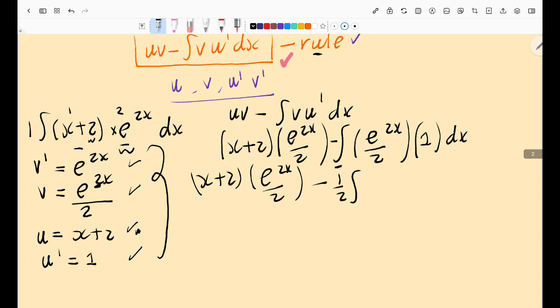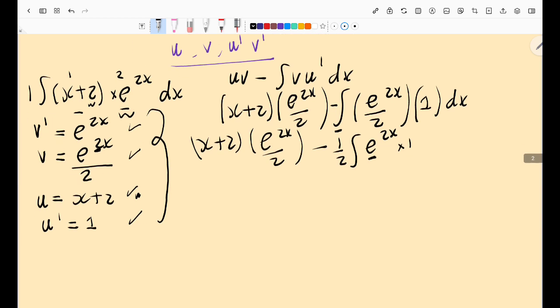And then I just have e to the power of 2x, right, times 1. That is just the basic e function, right? So you're going to rewrite this as it is. And then you have negative 1 over 2, right? E to the power of 2x. The rule says divide by k. My k is 2, the coefficient of x.